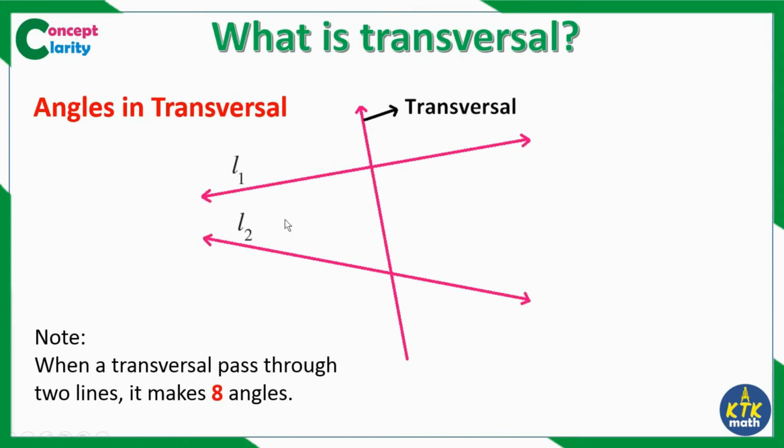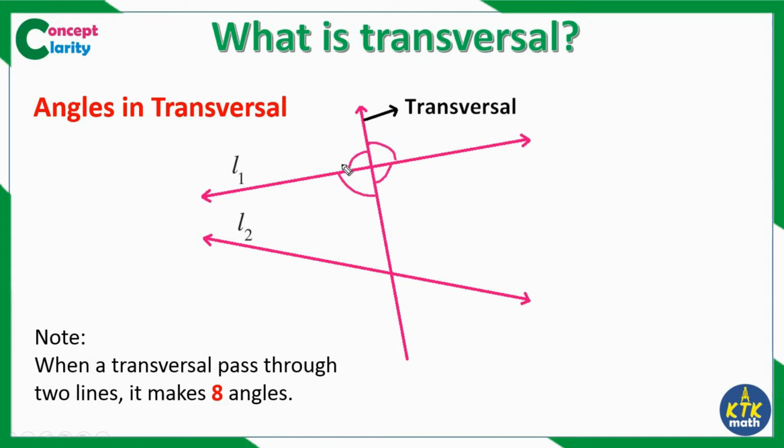Now, in the same picture, you can see a transversal intersecting L1 and L2. In this case, it is going to form 8 different angles. Look at how I am going to write. It is going to form angle 1, angle 2, angle 3, and angle 4.